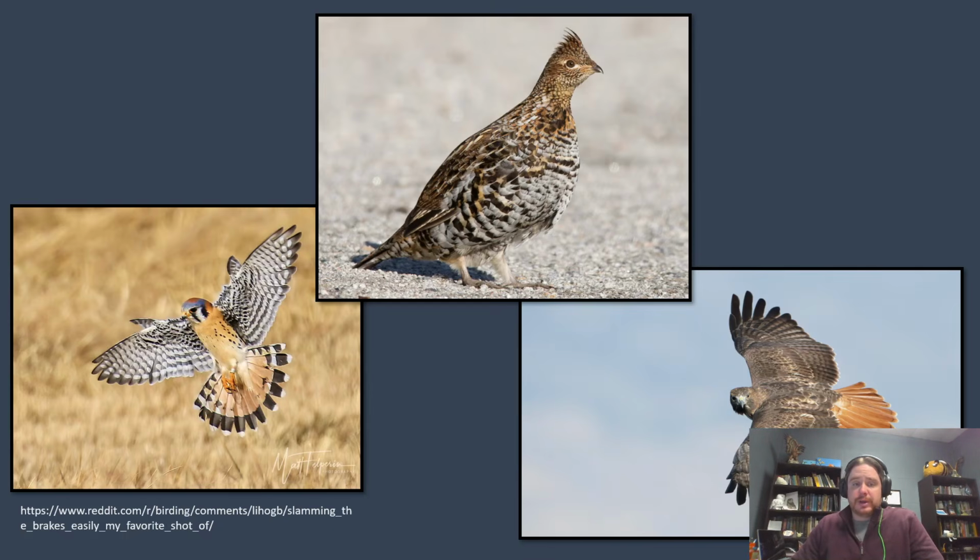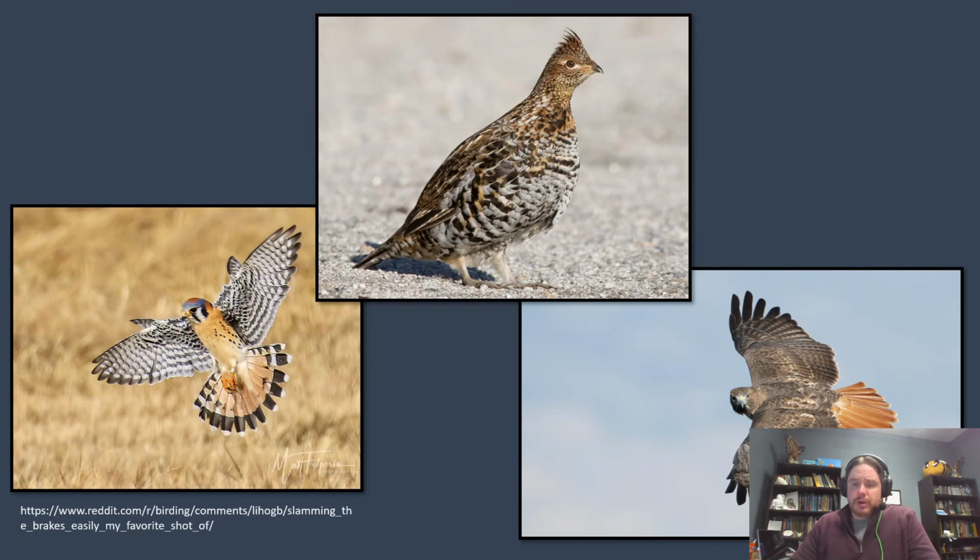Some birds have an innately very extreme camber to their wings, so they have a very deep pocket in their wings, which of course, as we know, generates a great deal of lift. A good example of a bird that does this is a ruffed grouse here.